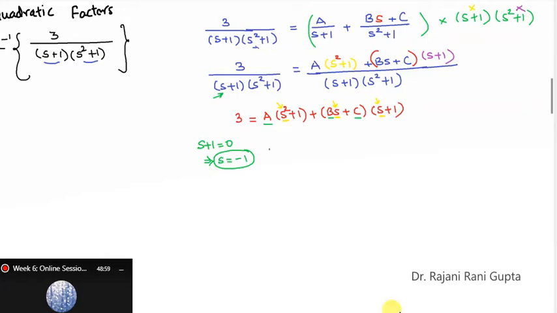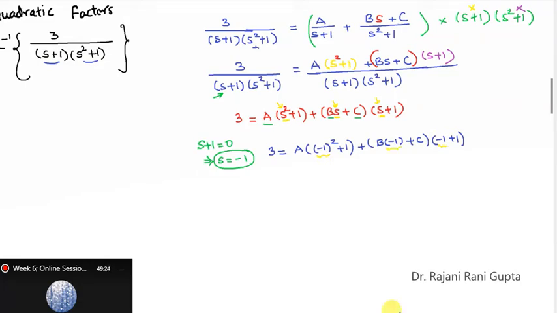So this gives you 3 equal A times minus 1 power 2 plus 1 plus B times minus 1 plus C times minus 1 plus 1. So see, we substituted s here with minus 1.